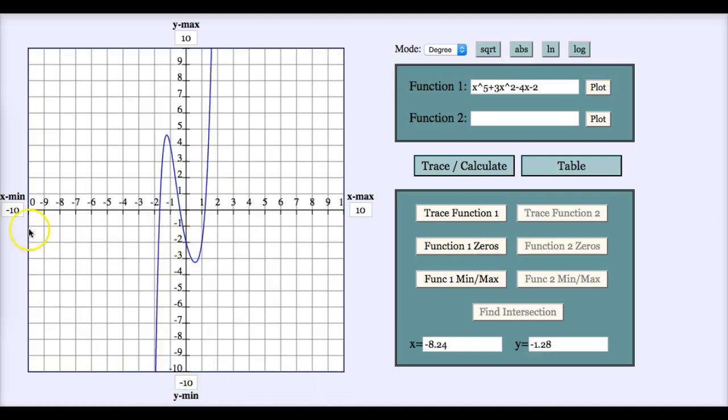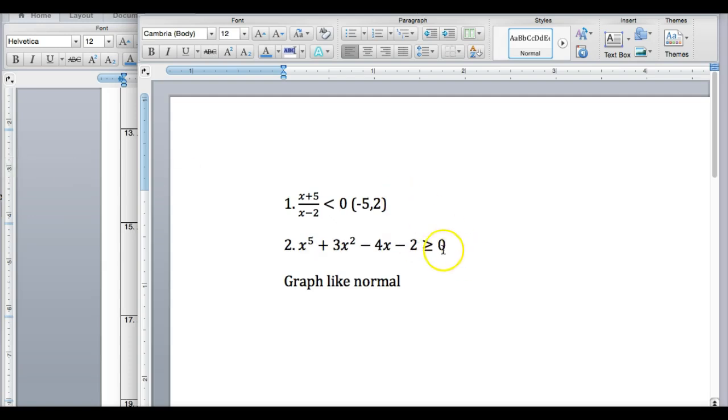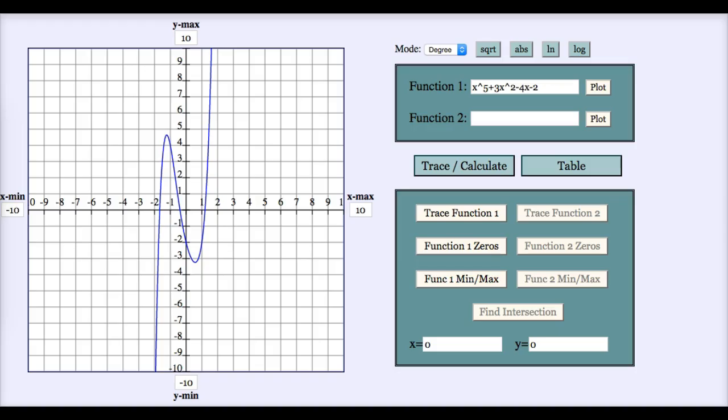Okay, so if I look back to that inequality, I'm looking at where this graph is greater than or equal to 0. So I want to see when my function is greater than 0, or when my y values are greater than 0. Before I do that, I want to find what these 3 zeros are.